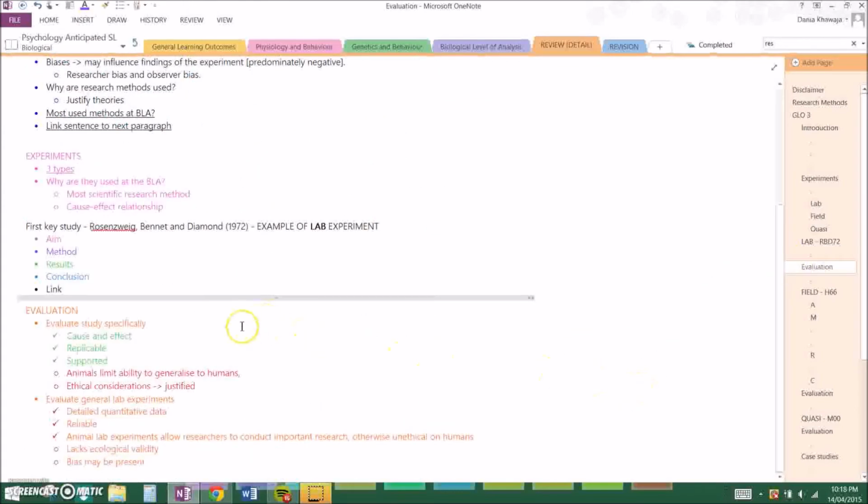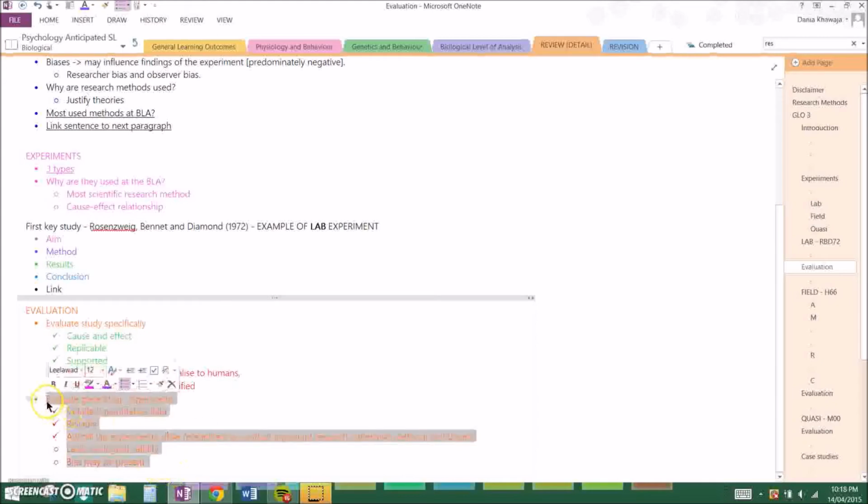Now, for the next paragraph, I evaluate the study first, and then I evaluate the general lab experiment, quasi, etc. So for the study, the strengths were there was a cause and effect established, it was replicable, it was supported by further studies, but limitations were animals limit ability to generalize to humans, and ethical considerations were present, like there was harm, but it was justified, and these are just general lab experiment evaluation that you need to include.